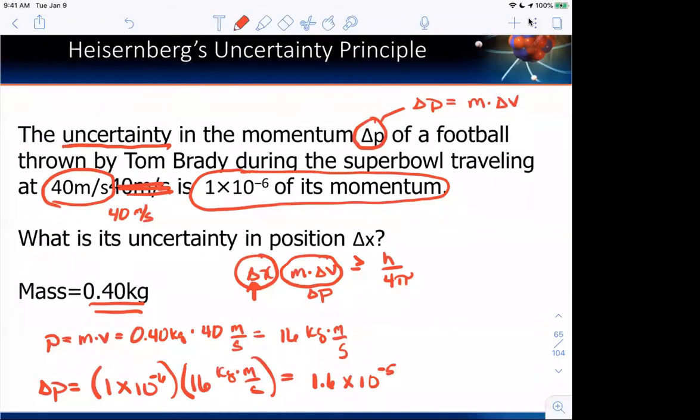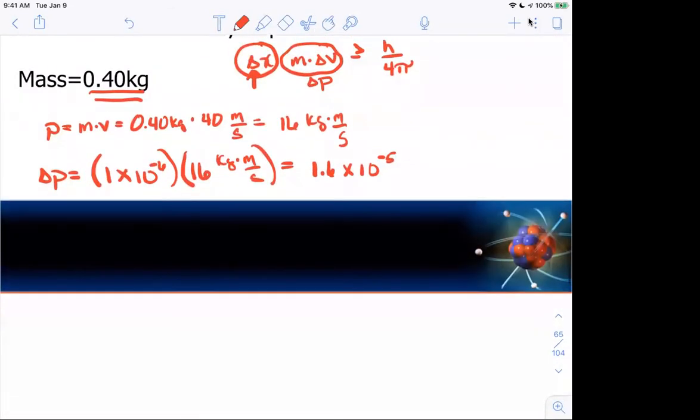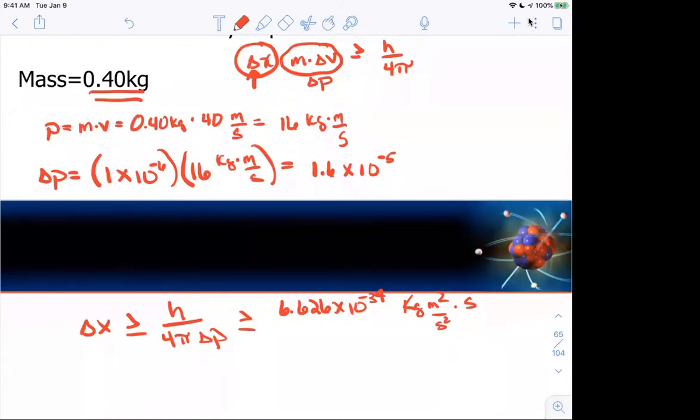So now I have values, right? What I have is delta x, and I'm going to divide through by delta P, is greater than or equal to h over 4 pi delta P. So it's greater than or equal to 6.626 times 10 to the minus 34 joules second, which is, let me use the other one, kilogram meter squared over second squared times second, divided by 4 pi times 1.6 times 10 to the minus 5th kilogram meter per second.